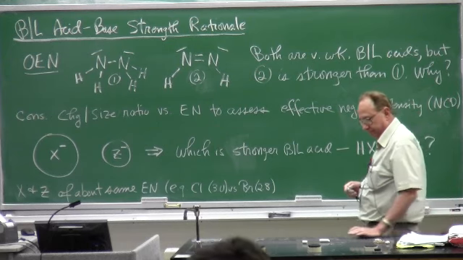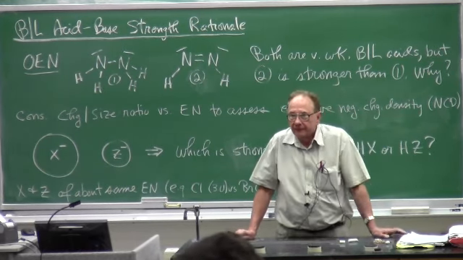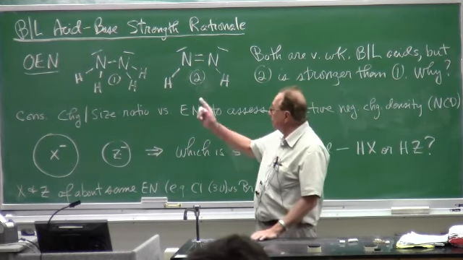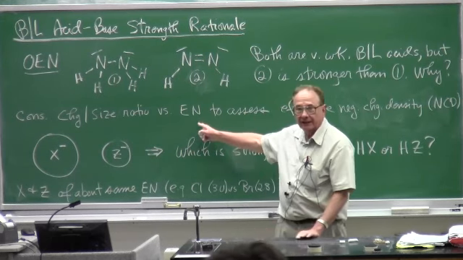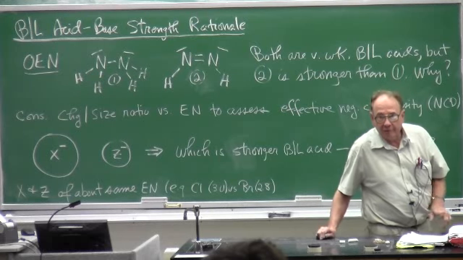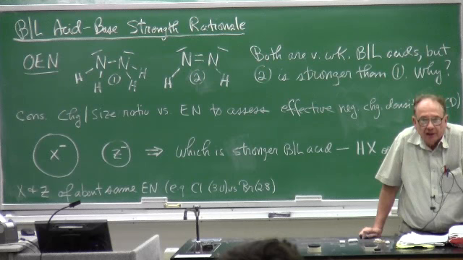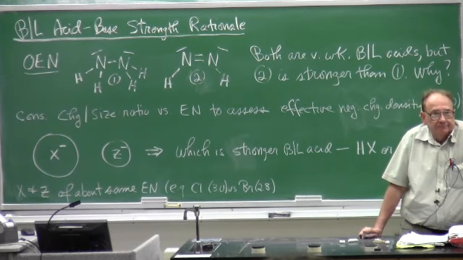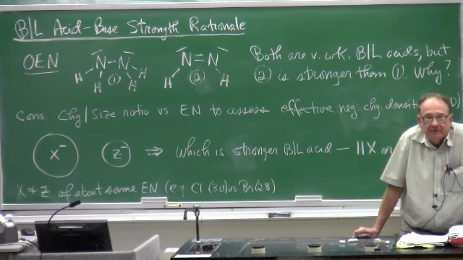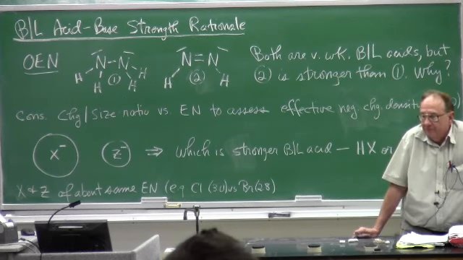You will see that what we shall do is to consider methods like charge to size ratio, electronegativity, and other things which we'll put into our grab bag of considerations, which will allow us to establish a rationale for effective negative charge density of a given Bronsted base.